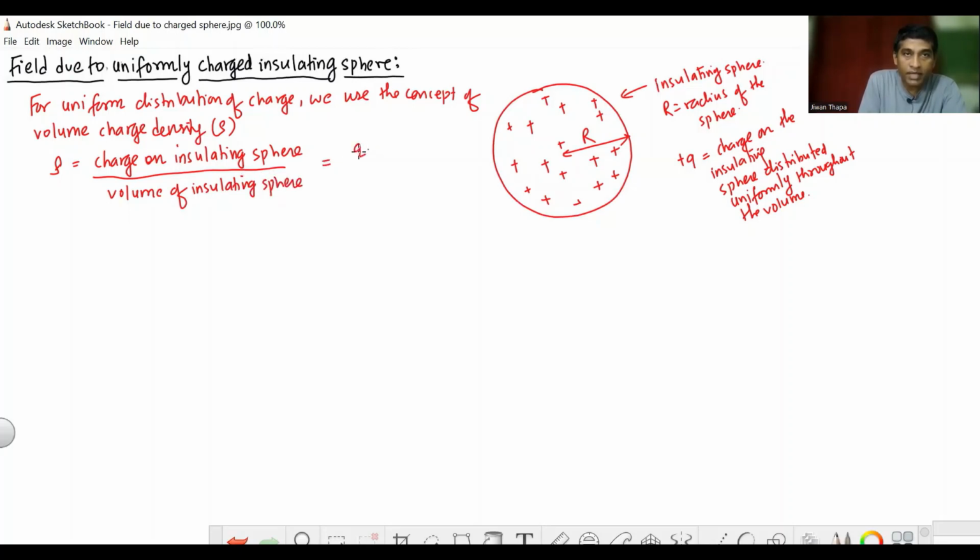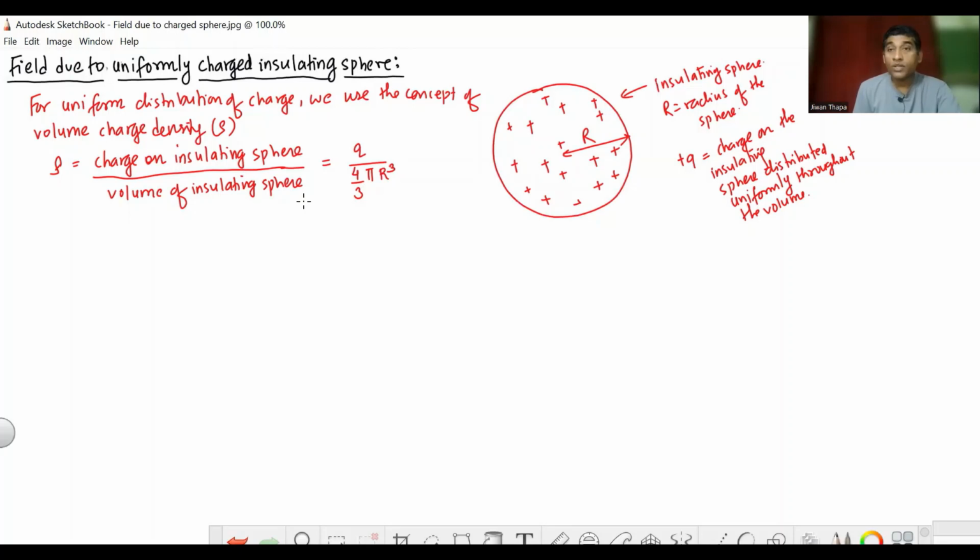I'm writing in magnitude. Charge on the insulating sphere is Q in magnitude, divided by the volume of the insulating sphere, which is 4/3 pi R power 3. So we have this.